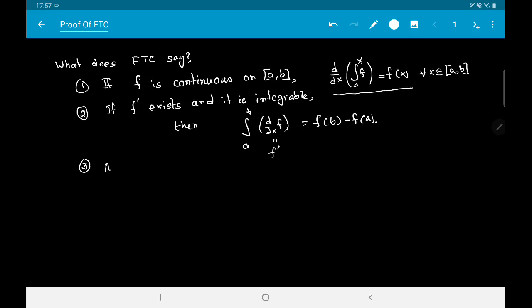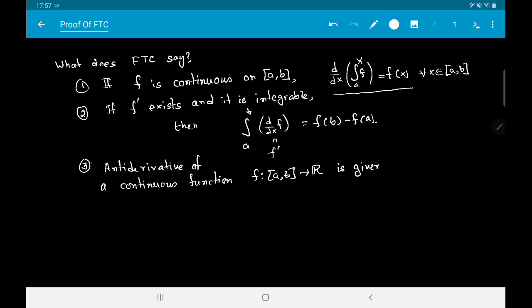So an antiderivative of a continuous function small f from a b to R, or as I have said the indefinite integral, is given by integral a to x of f, or you may write f(x) dx.